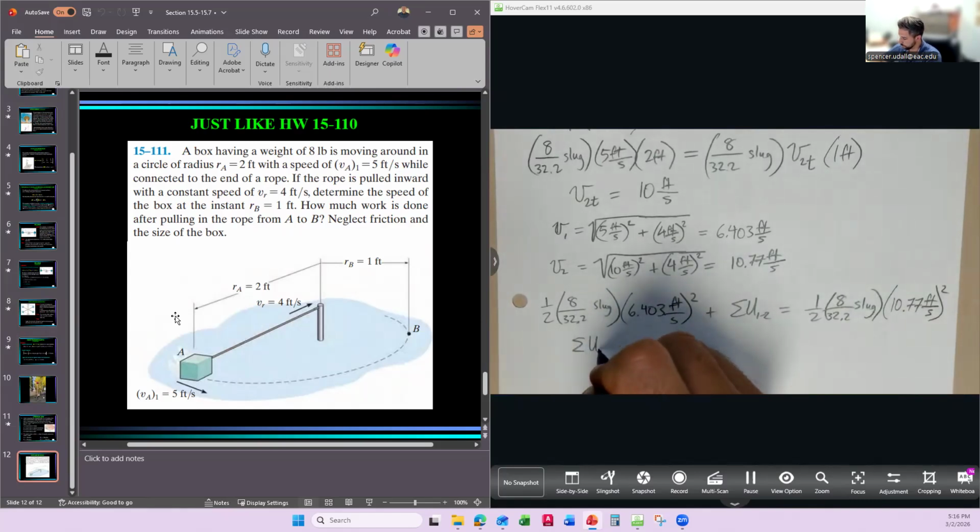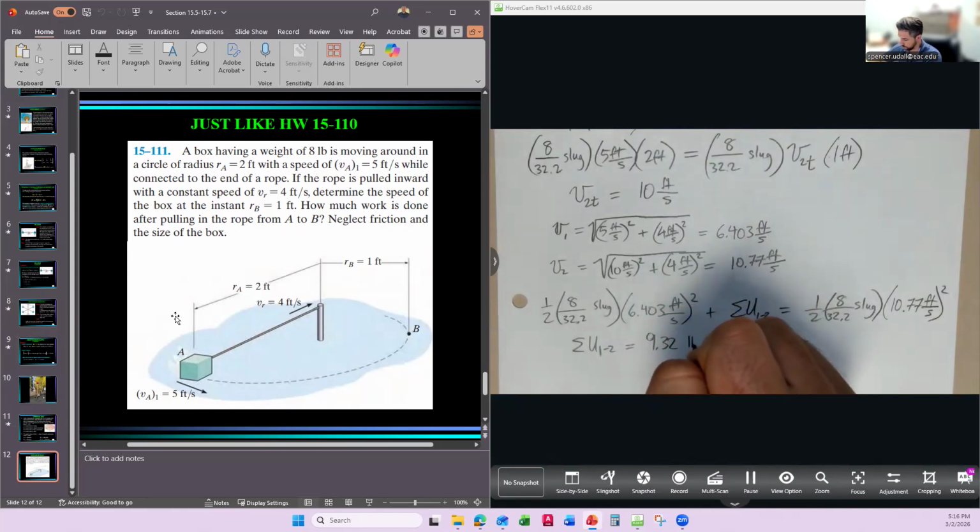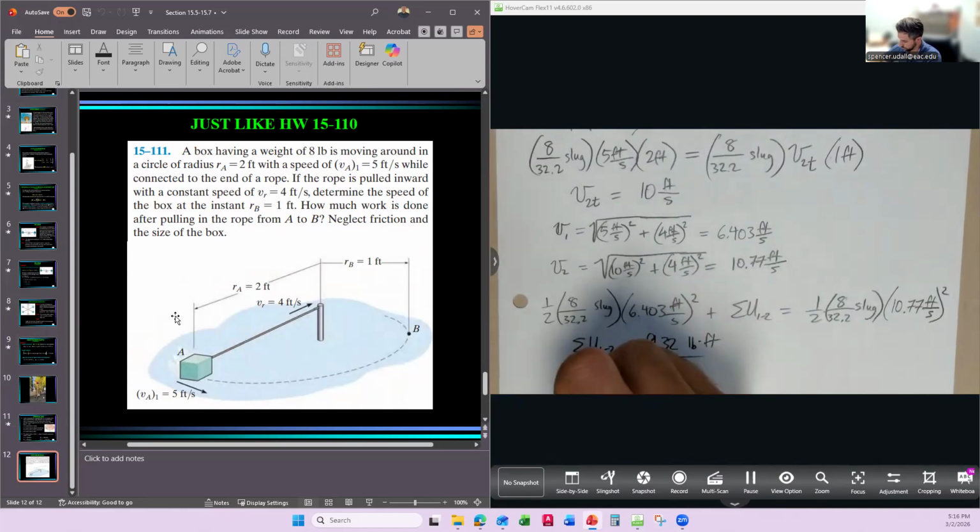Put it in your solver or do a little arithmetic. You solve for the work equal to 9.32 pound-feet.